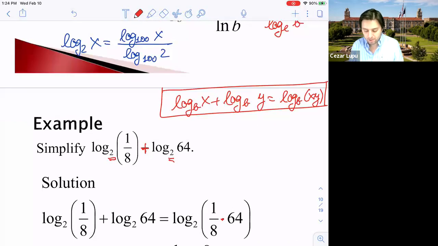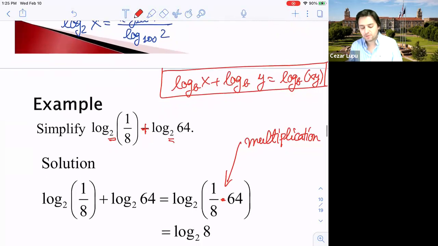This is multiplication. And now we can go further. So this will be log in base 2 of 8, right? And now what can we do here? How can we compute log in base 2 of 8?